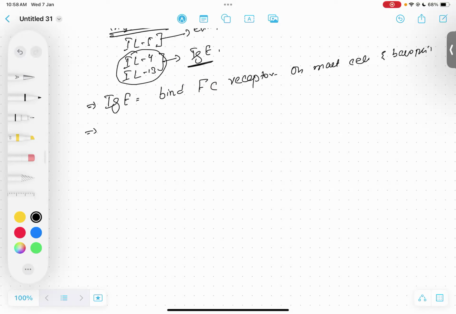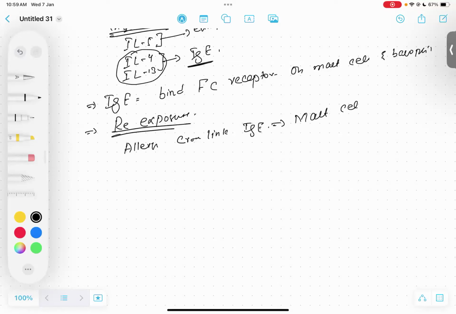Whenever pollen, food or drug re-exposure occurs, the allergen directly cross-links with IgE, and this IgE will then lead to mast cell degranulation.